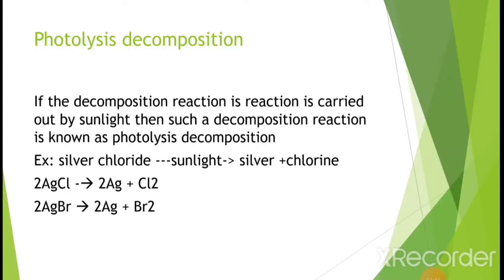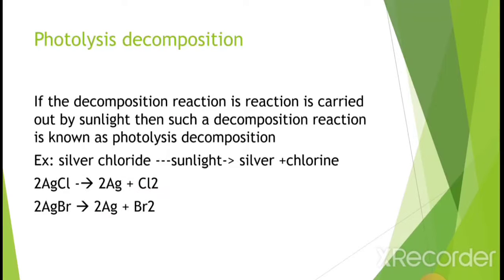So here are a few examples. Silver chloride, when it reacts with sunlight, gives silver and chlorine. It is decomposing. Here is the same silver chloride, and I have balanced it. The next one is silver bromide, which also gives silver plus bromine.